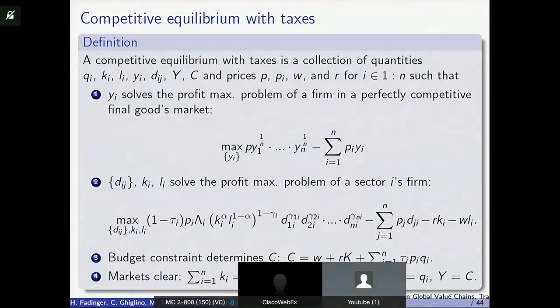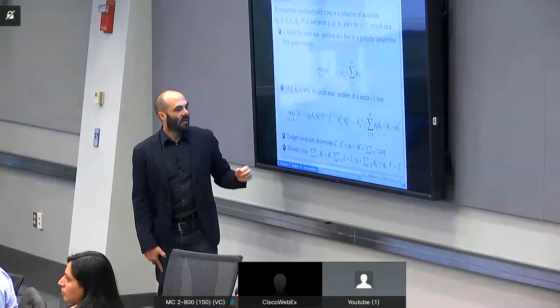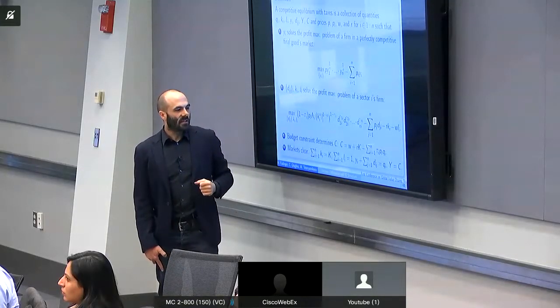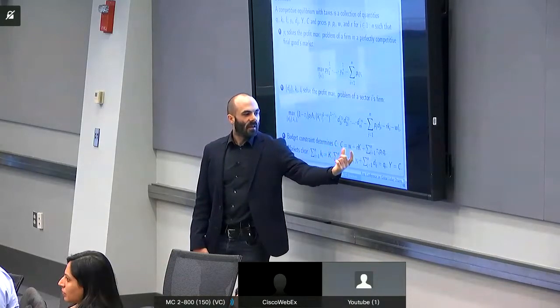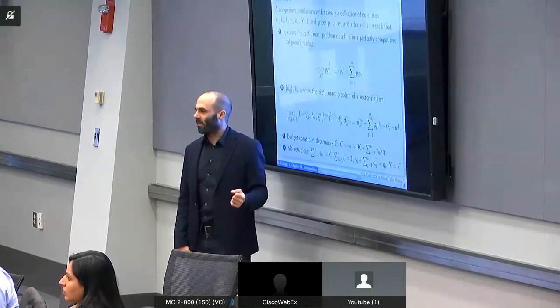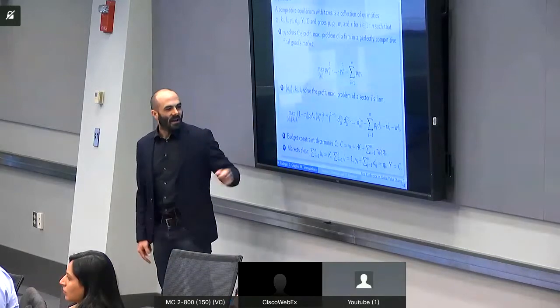And firms in intermediate sectors have to choose how many inputs they use and how much capital and labor they use. The budget constraint just says that aggregate expenditure is going to be equal to aggregate factor income plus incomes from taxes, and all the markets are going to clear.